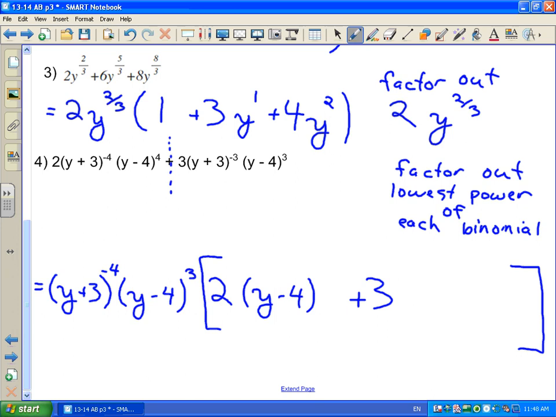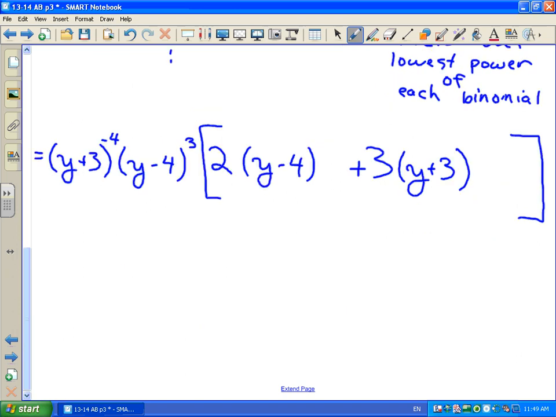I'm going to be left with a y plus 3 here. And what is the exponent going to be? Well, let's see. -3 minus -4 gives me a 1, so just y plus 3. And y minus 4, both to the power of 3. Those guys take care of themselves. So my factoring there is done.